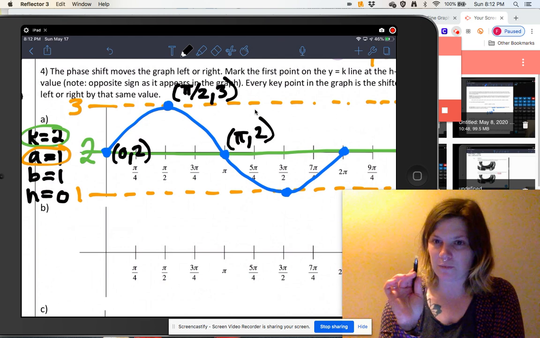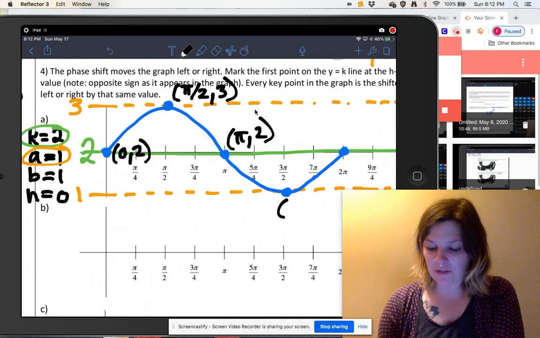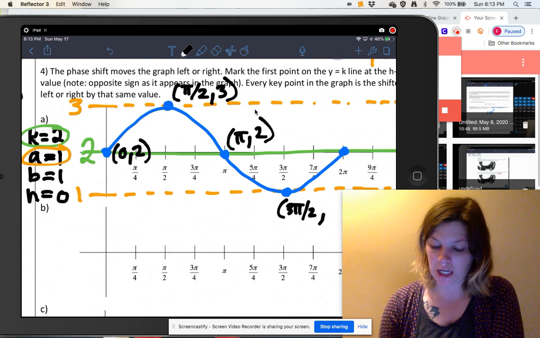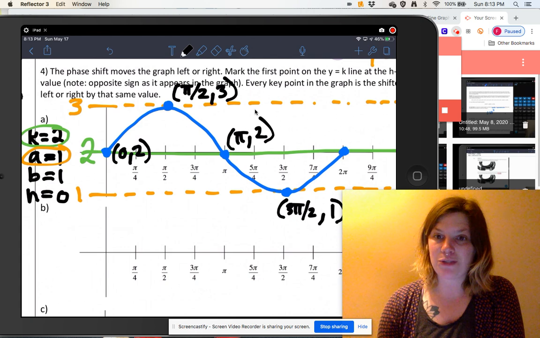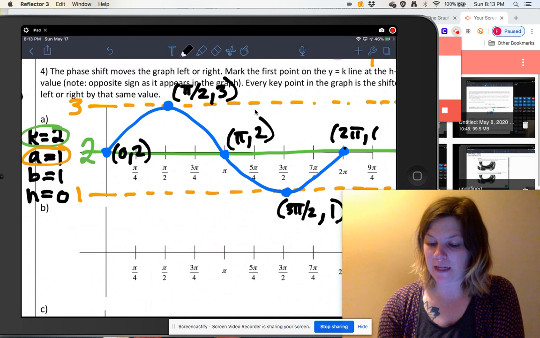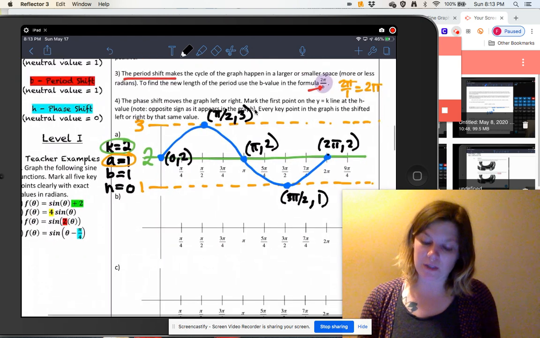Here we have our 3 pi over 2, so we're 3/4 of the way around the circle. And then we are down here. It would have been -1, but we changed it. So we added 2 to that, and now we're at +1. And then this final point is 2 pi, and we are back at 2, not 0. Because that's the same height as the original point we started at.